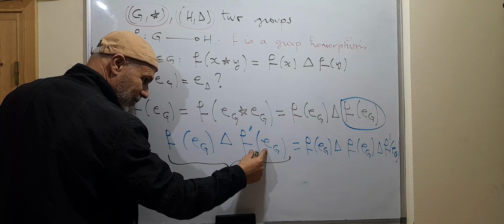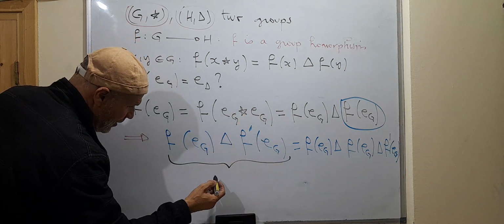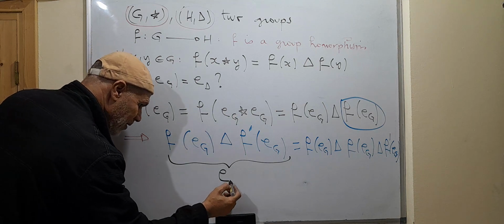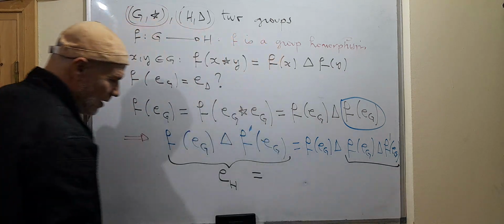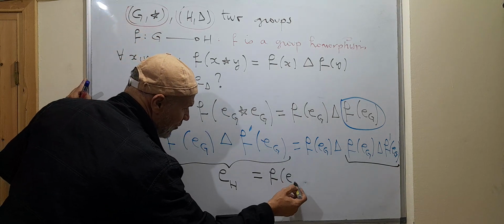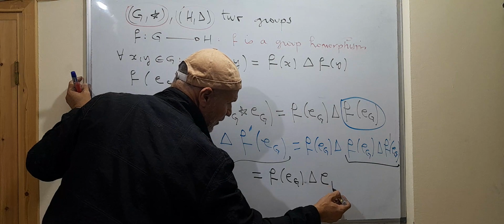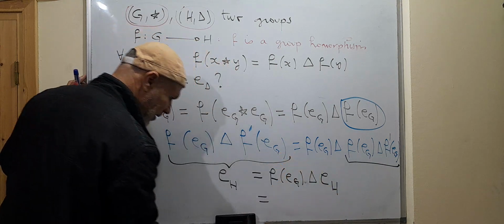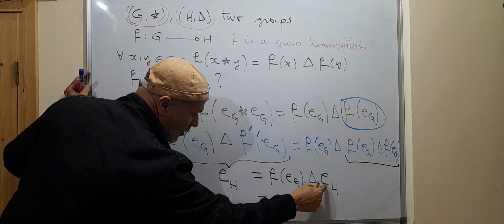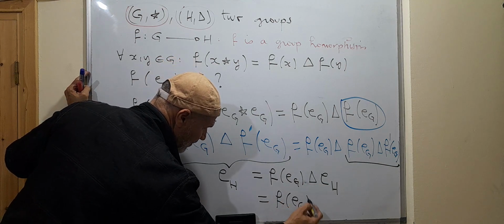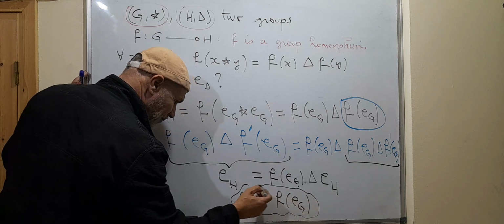All of this one is from H. It is equal to the neutral element of H, which is equal to the neutral element f of e_G Δ the neutral element of H. And so this composition, an element from H with the neutral element, gives f of e_G.